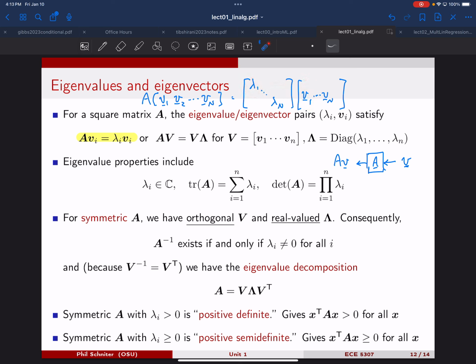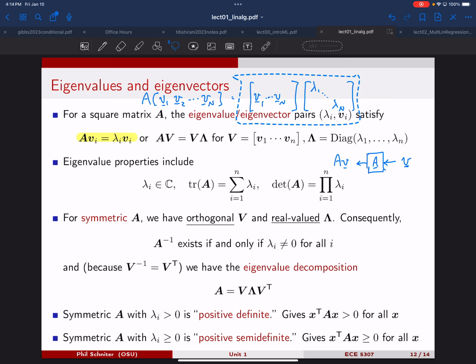And the second column would be, actually, I messed this up. Sorry about this. I swapped the ordering. I want it to be like this. I want to talk about rows. Okay, so it goes like this.